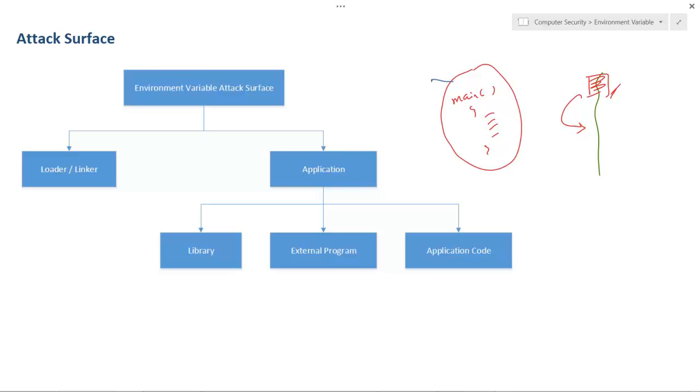A lot of other code gets executed, and if that code uses the environment variable, it can be affected. These are all places you may not be aware of. Inside your application code, if you use it, you've got an attack surface. That one we clearly understand. Now, if you use a library, right?